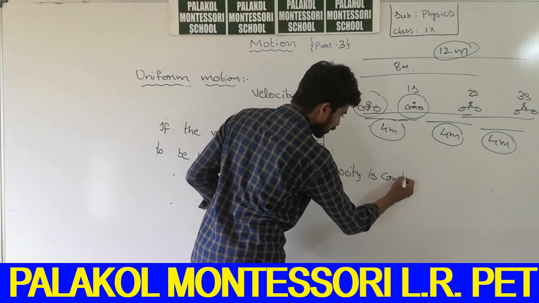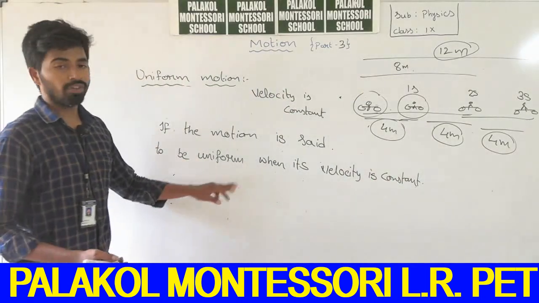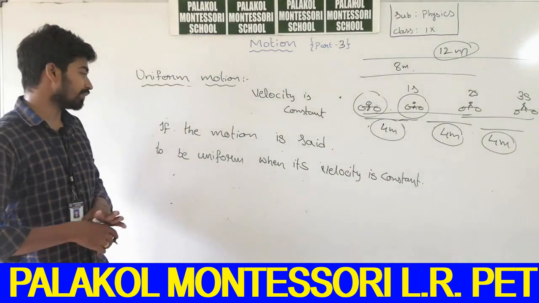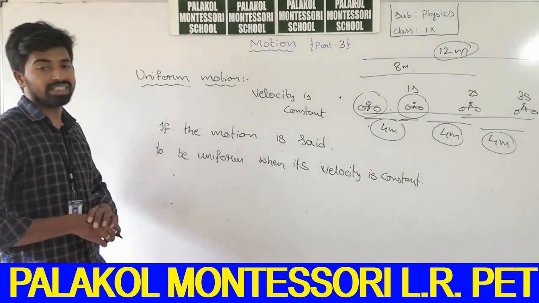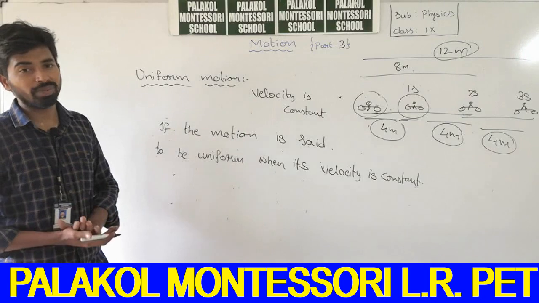So, when the velocity of the object is constant, then the motion is called uniform motion. If its velocity is constant, then the motion is said to be uniform.